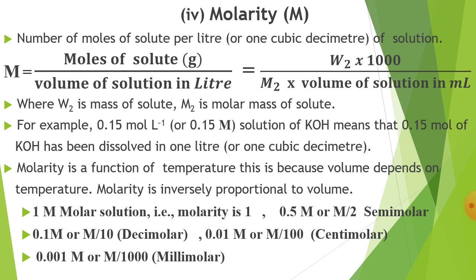Centimolar is M by 100, or 0.01 capital M, like that millimolar is M by 1000, or 0.001 capital M. The millimolar is symbolized as M by 1000, decimolar is written like M by 10, semimolar means M by 2. So these you have to know. Also for molarity, in place of molar, in molality you can use molal.